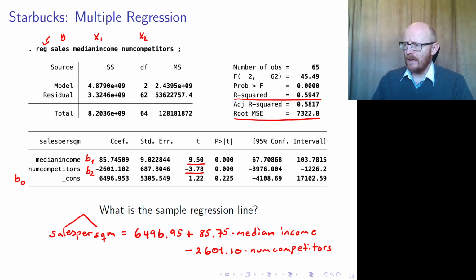Okay, and another interesting fact is that the coefficient on median income is higher than for the simple regression model, because as we saw, median income and number of competitors are positively correlated, which means that the effect from number of competitors on median income was accounted for in the coefficient for median income.